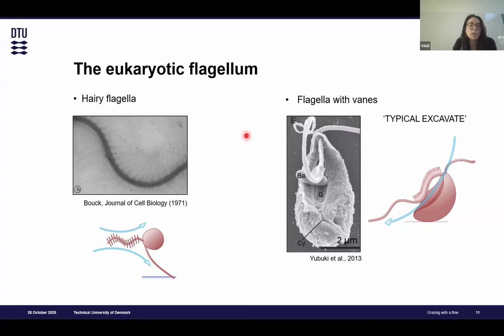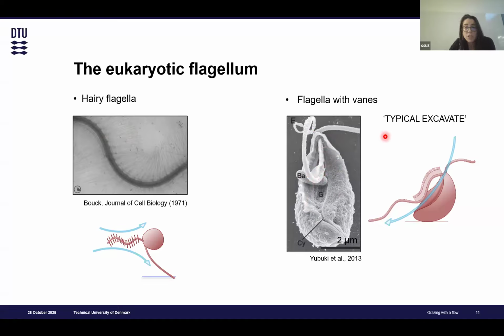But I'm going to be referring to one type of flagella equipped with hairs or mastigonemes, these stiff little appendages that protrude from the flagellum, or this configuration over here that you can see, which is the cell that bears this pocket or this ventral groove, and the flagellum is equipped with this thin vein.